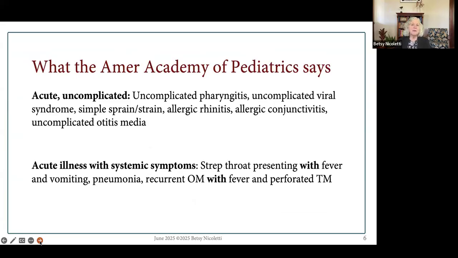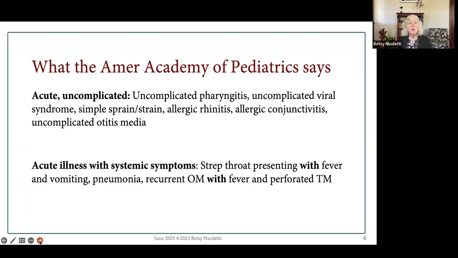And here are some examples from the American Academy of Pediatrics. And I use these because it's often pediatricians who are saying, if I have a patient with otitis and I give an antibiotic, doesn't that give me a level 4? So their grid, the American Academy of Pediatricians, has under acute uncomplicated pharyngitis, viral illness, viral syndrome, simple sprain or strain, allergic rhinitis or conjunctivitis, and uncomplicated otitis.